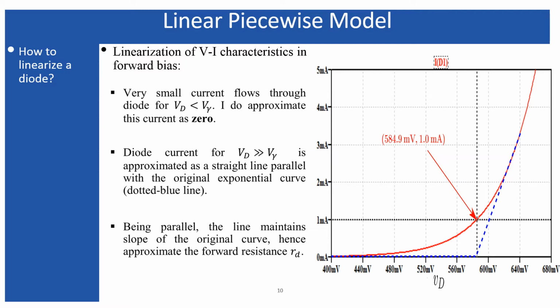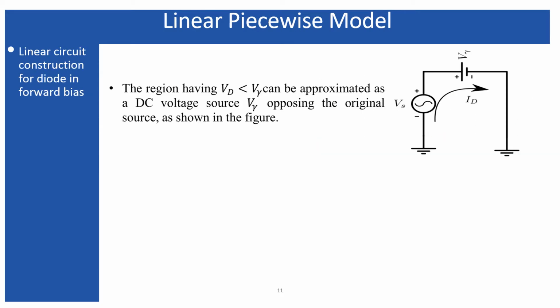As a first case, we may consider this one where the diode voltage is less than its cut-in voltage. So in this particular case, as we know that within this region no current can flow within the circuit, we may model that particular condition by replacing the diode using a DC voltage source.